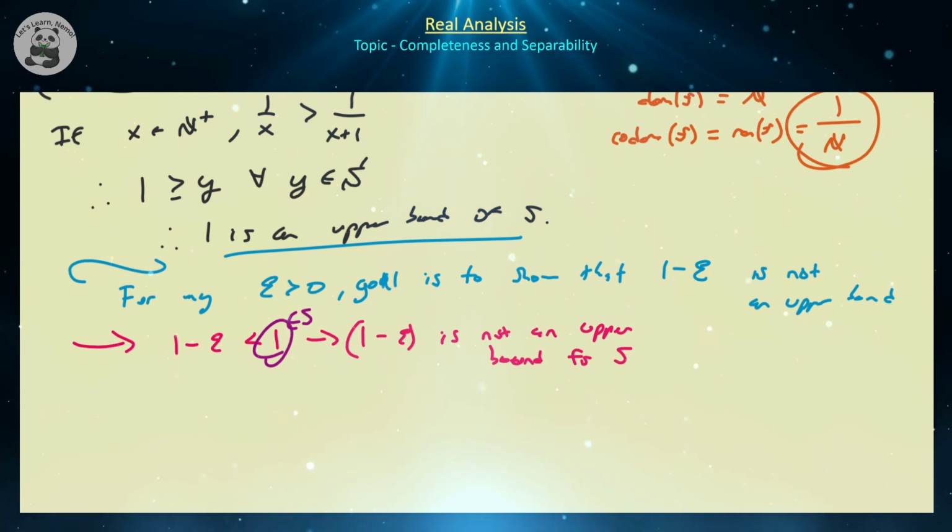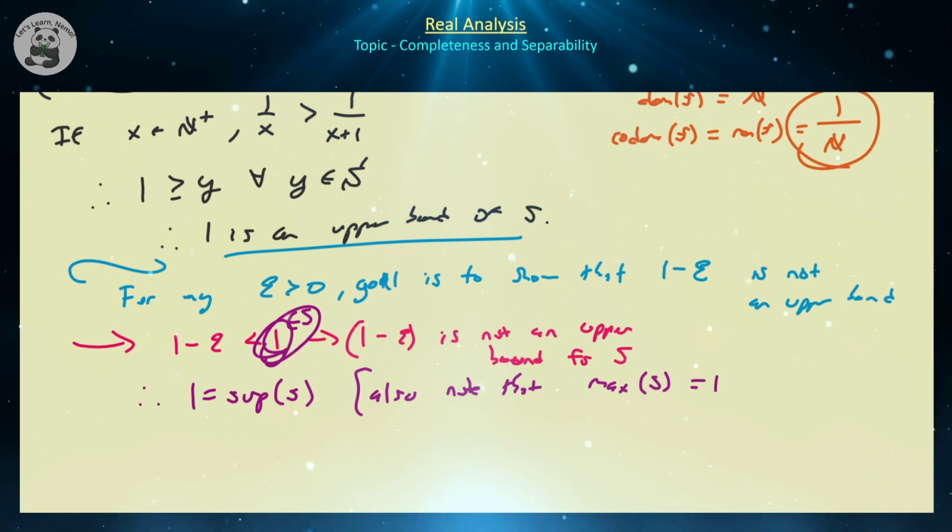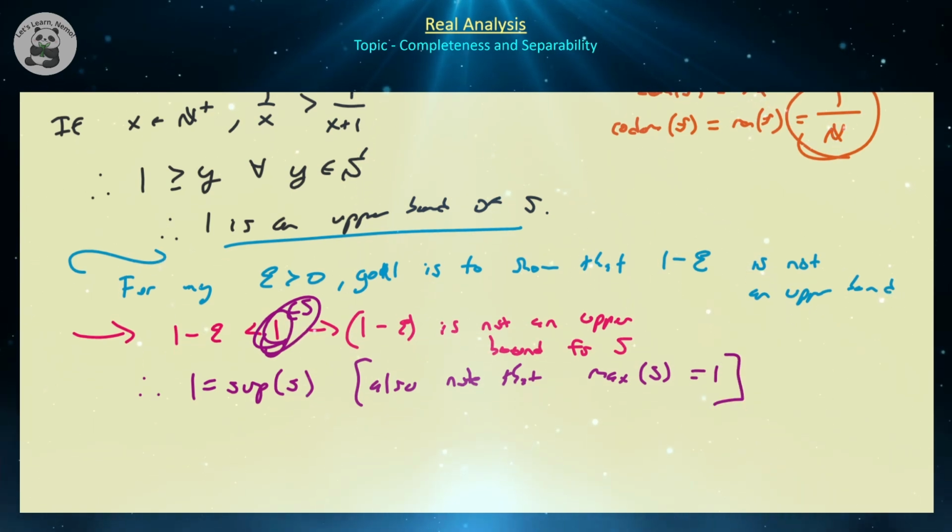So keep in mind, when that upper bound belongs to the set S, it's usually very, very easy to show that that maximal element is indeed the least upper bound of that set, right? So we've shown that 1 minus epsilon is not an upper bound for the set S, so that means 1 is equal to the supremum of S, right? And again, also note that the maximum of the set S is also equal to 1, right?